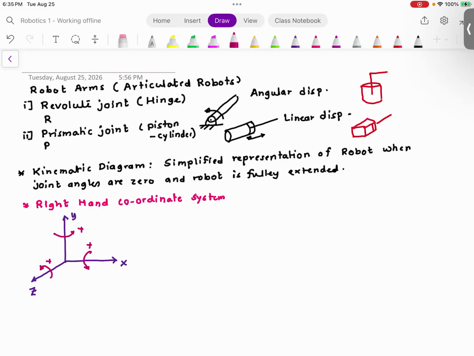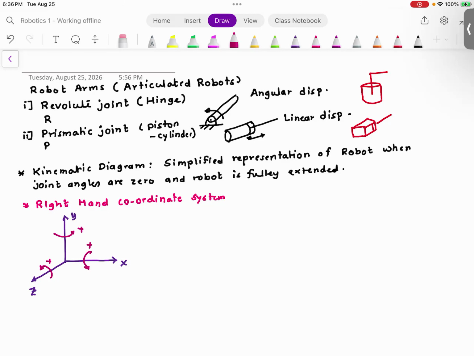So let me start with a very simple robotic problem. As I discussed earlier, we are going to study initially two important things. We are going to study forward kinematics, and then we are going to study inverse kinematics.